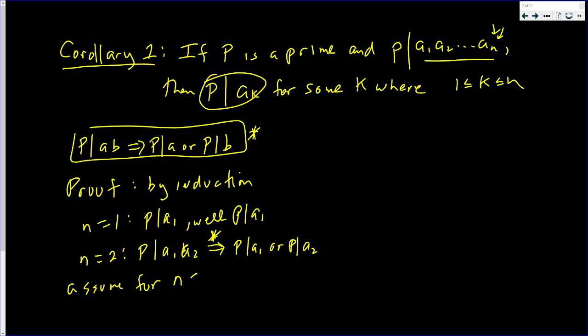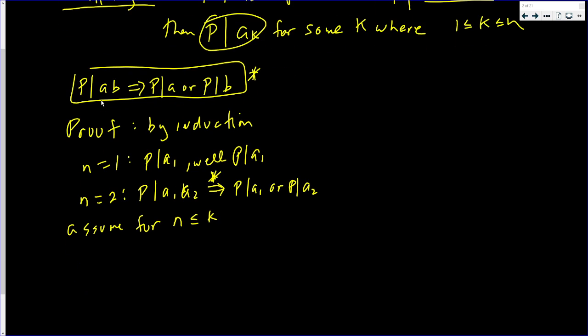Now we assume for n less than k, where k is at least 2, that if P divides A1 times A2, then P divides one of them.